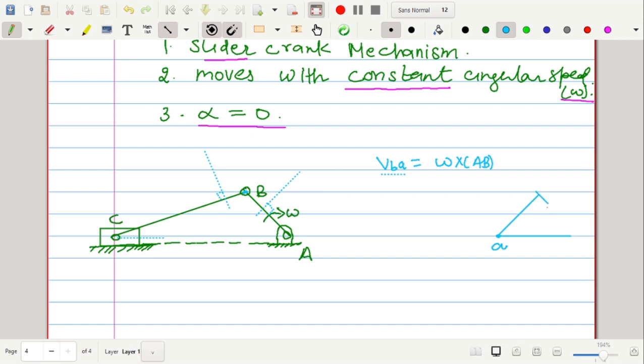Wherever it cuts the horizontal line, that will give us the point C. So this is the desired velocity triangle.